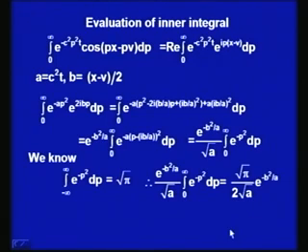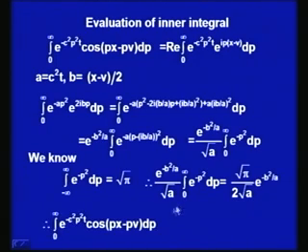So, what have we actually got? We have got the integral from 0 to infinity of e to the power minus c square p square t cos (px minus pv) dp. I have to substitute the values of a and b that we had assumed.